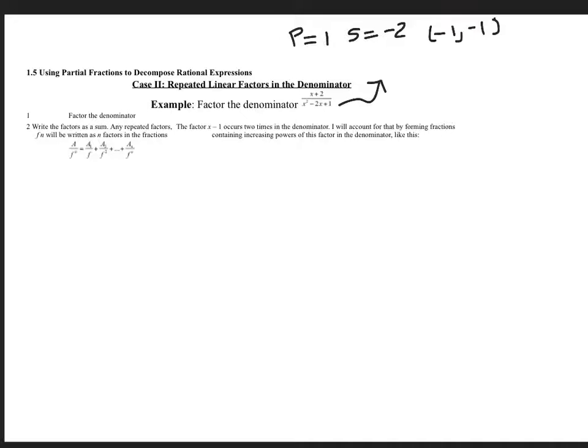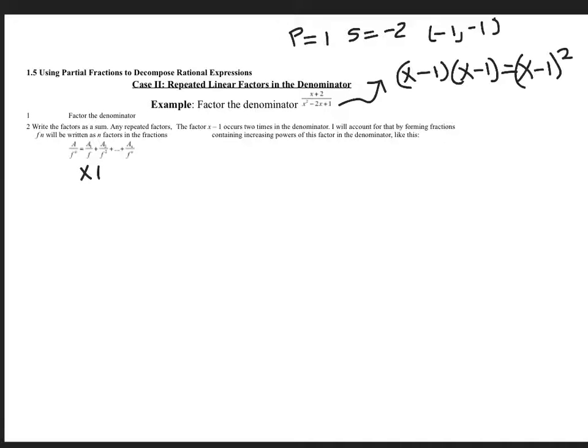So that means my factors are going to be x minus 1, x minus 1, or simply x minus 1 squared. So now I'll come and write my equation. Let me write my original equation.